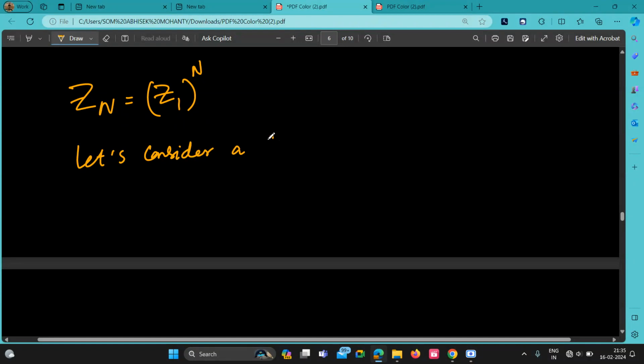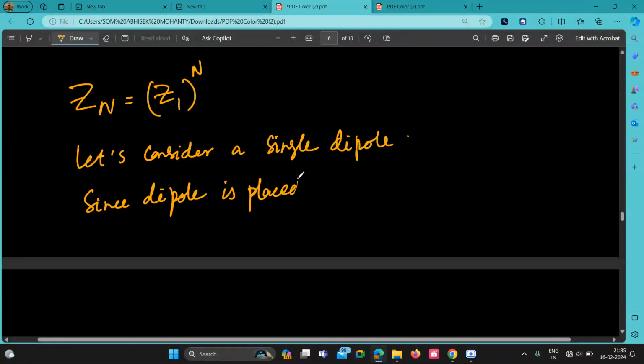Let's consider a single dipole placed in magnetic field B equal to B z cap.